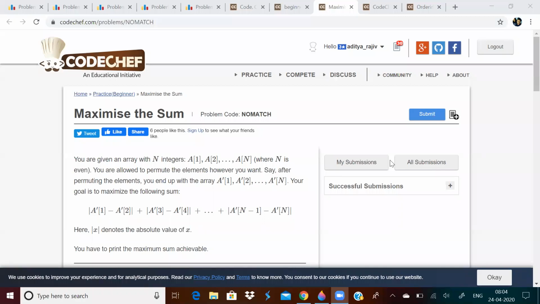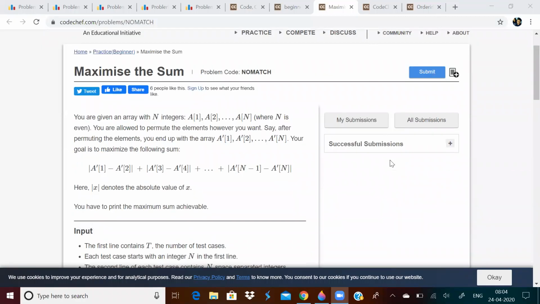Okay, so in this video, let us discuss a problem on CodeChef. Maximize the sum. You are given an array of integers a1, a2, and so on up to an. N is always even. You are allowed to do some permutation, whatever you want, and you will end up with a different array a1', a2', an'.